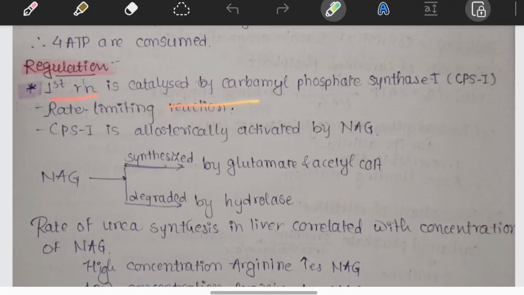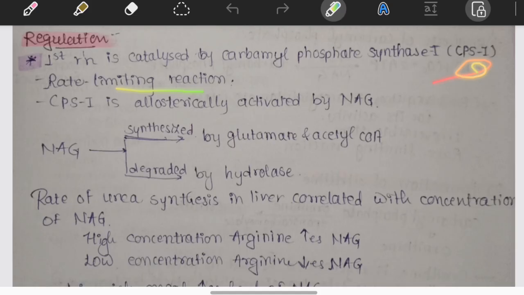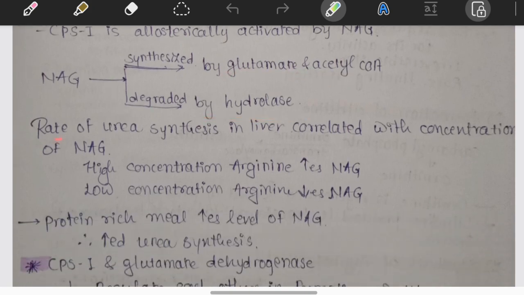Regulation: the first reaction is catalyzed by carbamyl phosphate synthase 1, CPS1, and it is the rate limiting reaction. It is allosterically activated by N-acetyl glutamate, NAG. It is synthesized from glutamate and acetyl CoA and degraded by a hydrolase. The rate of urea synthesis in the liver correlates with the concentration of NAG.